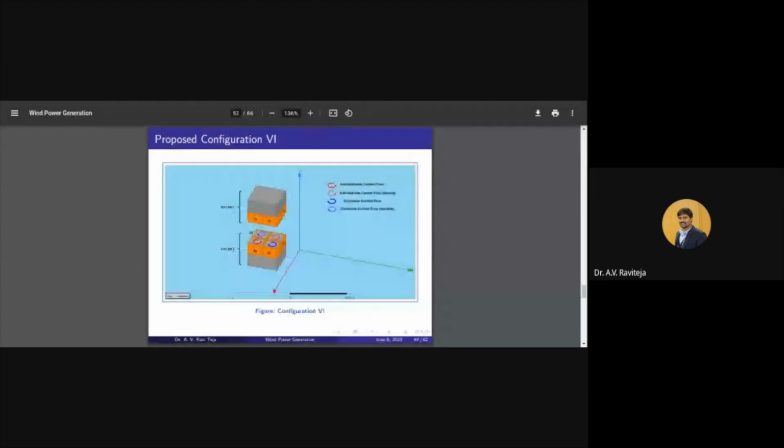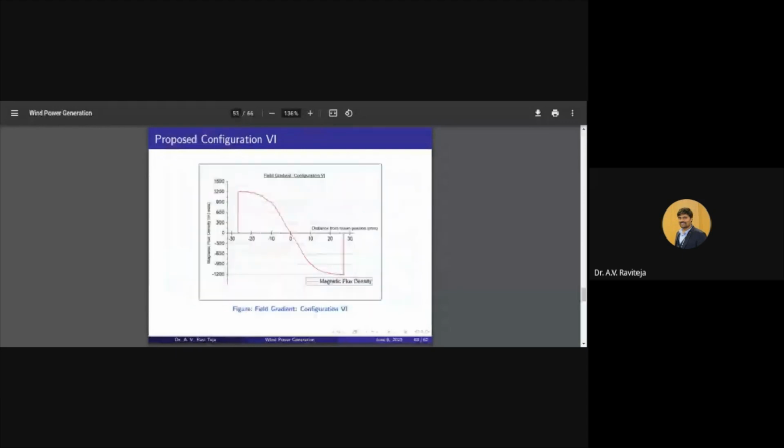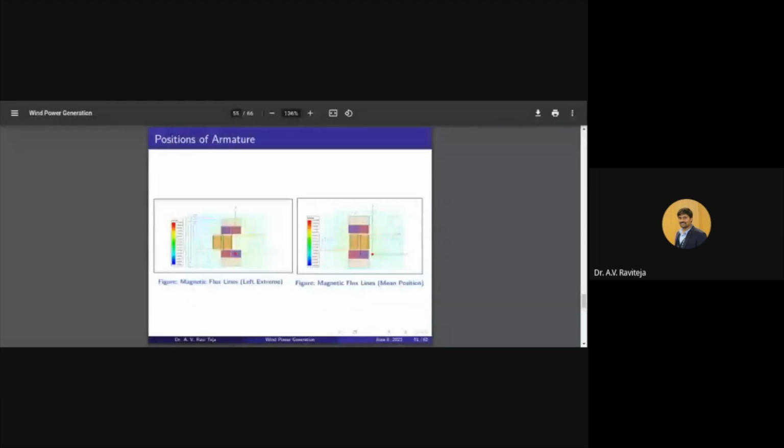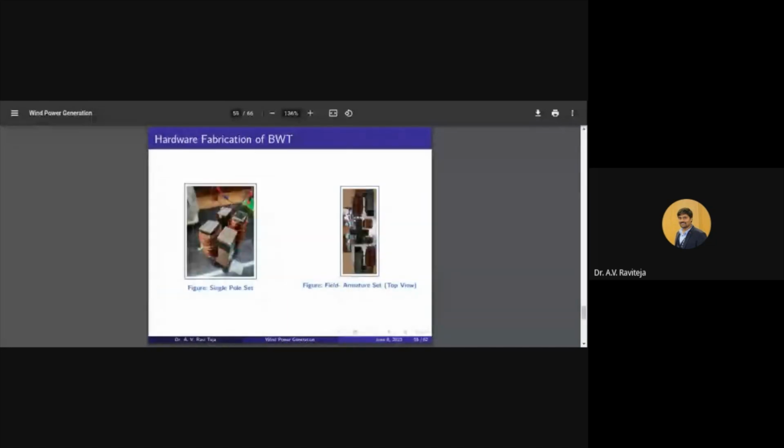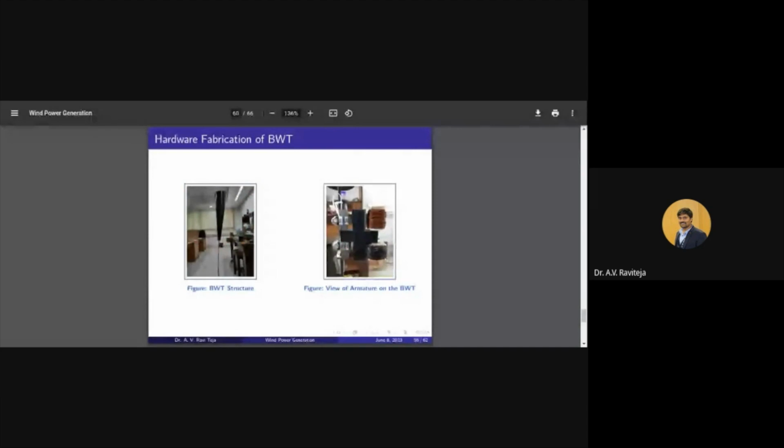Okay, and then we are trying different configurations of field and armature, so that we'll have a better flux profile. So this is the hardware prototype which we developed in our laboratory, where we place the coils here and then permanent magnets here.